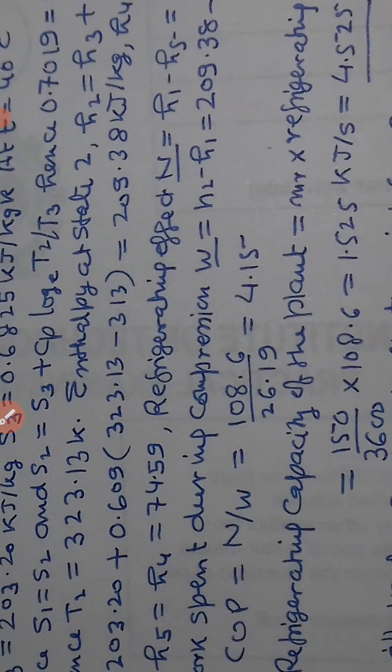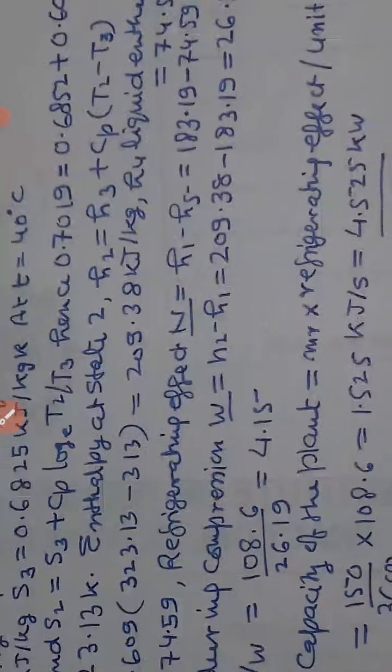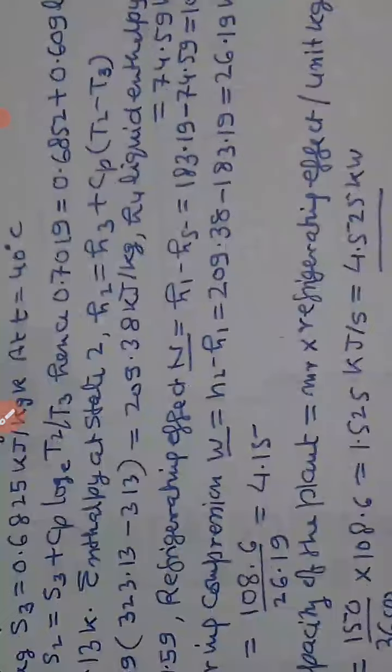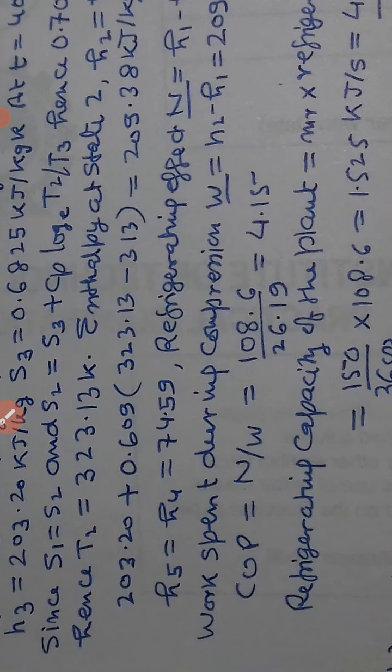H4, the liquid enthalpy at 40 degrees, is given from the table as 74.59 kJ per kg. Then H5 is equal to H4, as we can see from the chart and from the sketch also. H5 is equal to H4 is equal to 74.59.